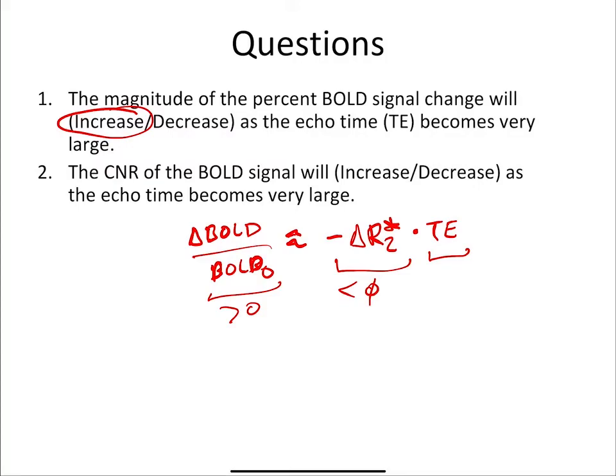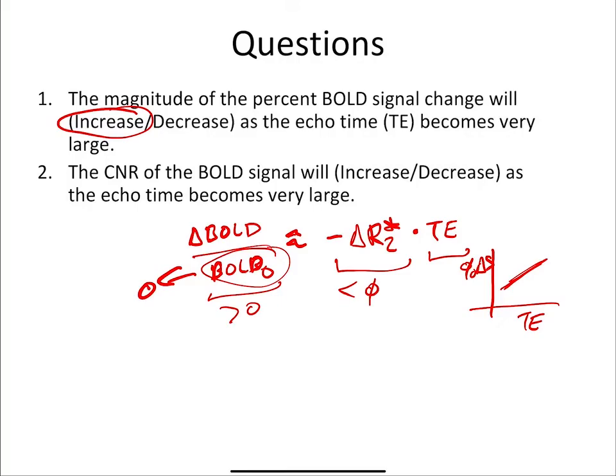And as we talked about, that's sort of meaningless at some point because it's only getting bigger because the bottom is going towards 0. But over a certain region, it's actually quite useful, and we might get to multi-echo fMRI sometime in the course. So over some region of interest, as echo time increases, the percent BOLD change does increase, and that echo time dependence you can use to do some denoising, which we may talk about later. Okay. So it is useful to know that the percent change does increase with echo time.